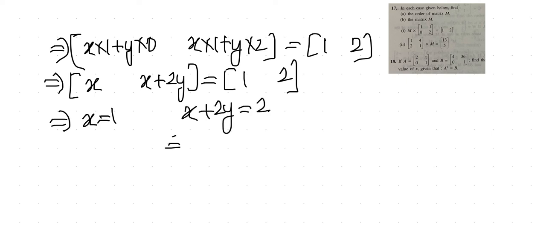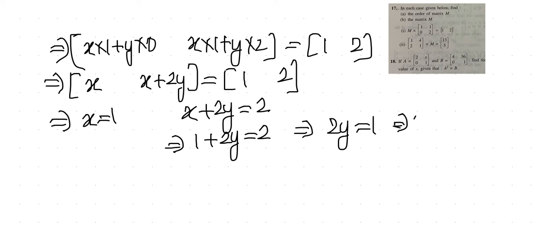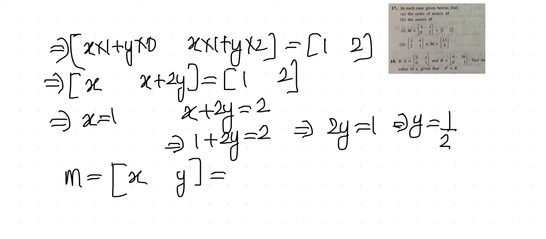So if you replace the value, you get 1 plus 2Y is equal to 2. So this implies 2Y will be equal to 1, so the value of Y is equal to half. Now what will the matrix be equal to? Matrix is equal to [X, Y], and X you have taken as 1, so this is 1 and then this is half.